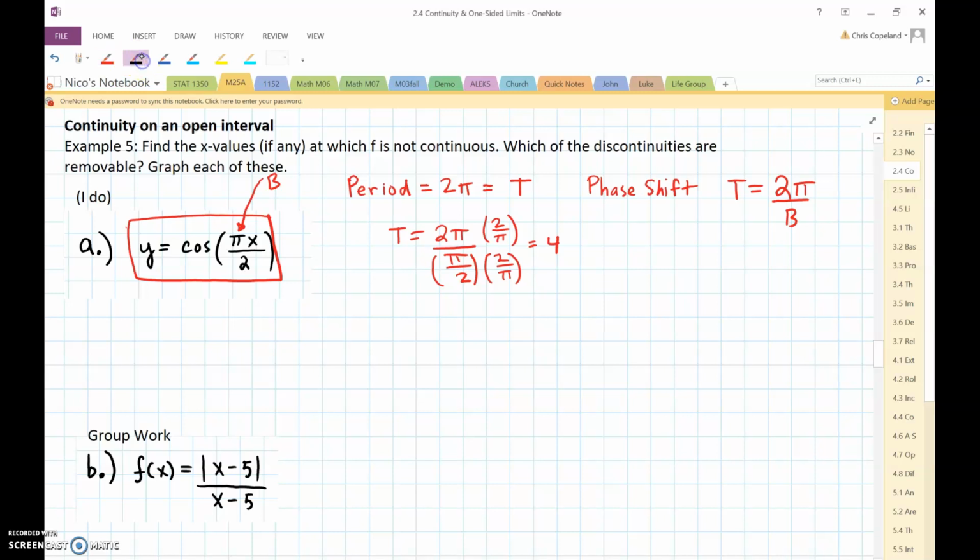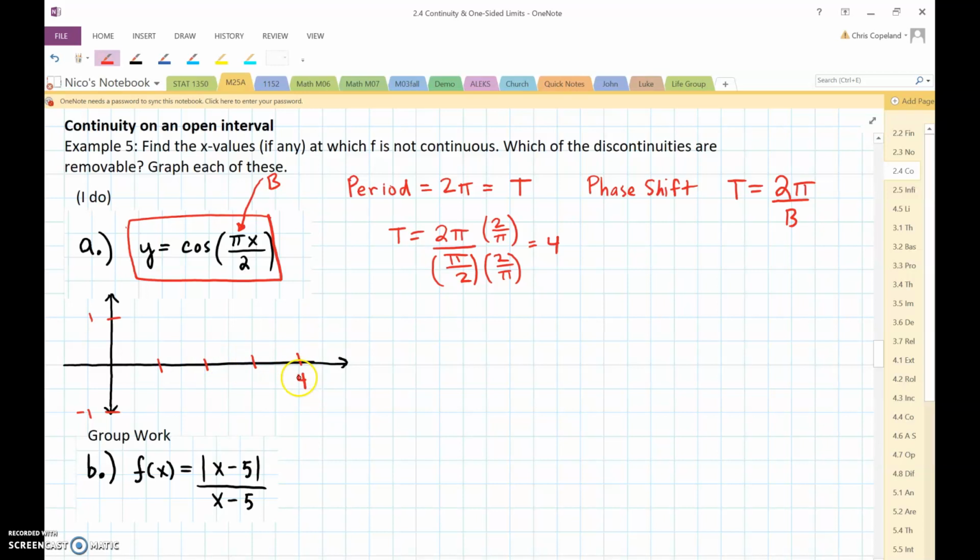So let's take a look at the graph. Typically the period of the cosine function is 2 pi if you had y equals cosine of just x. But we don't have that. So the period, instead of being 2 pi, it's going to be 4.